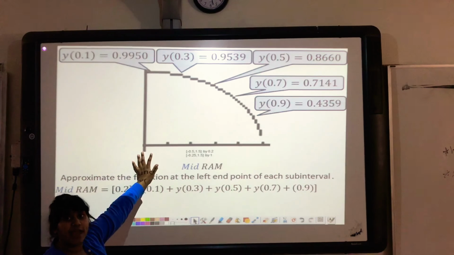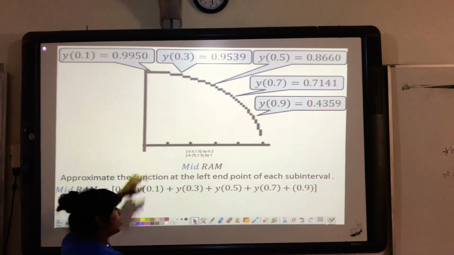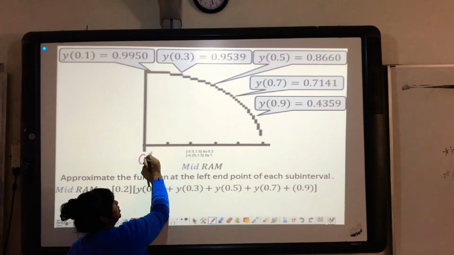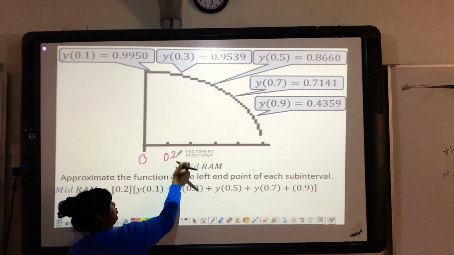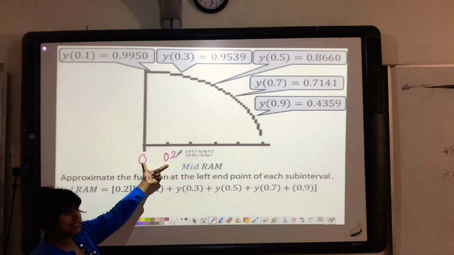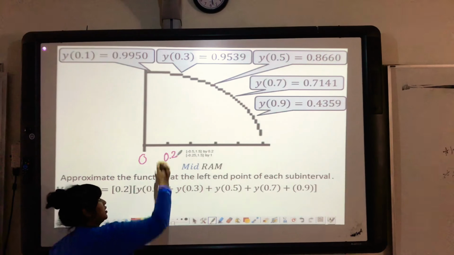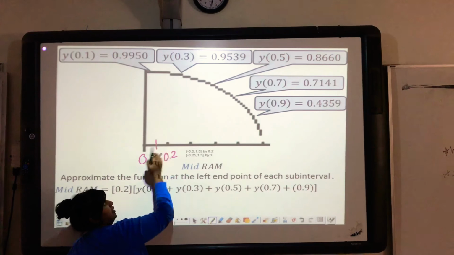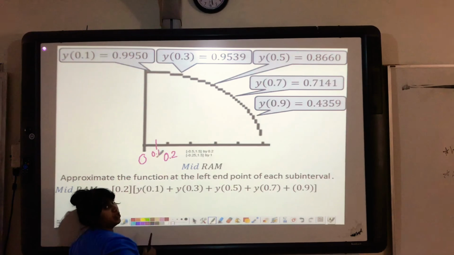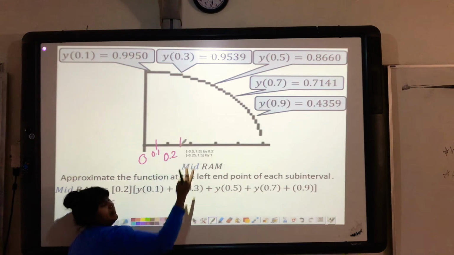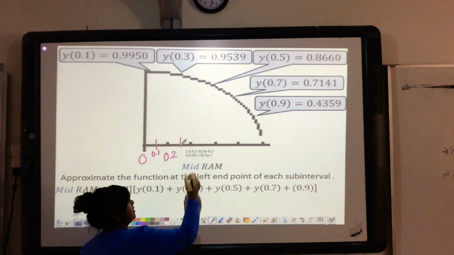How did I get my new x values to get my new y values? Well, that's pretty easy. This originally was 0, and this originally was 0.2. What is the distance between here, 0.2? What's 0.2 divided by 2? 0.1. We got lucky because we're starting at 0, so 0.1. And then from here, you can kind of make a decision how you want to see this.